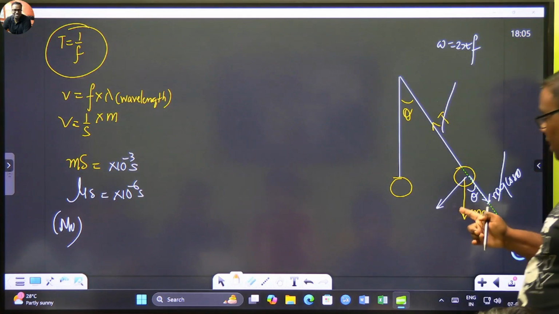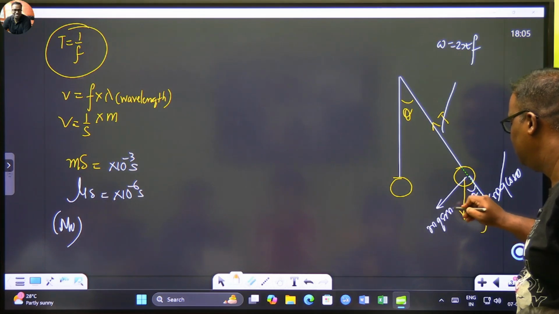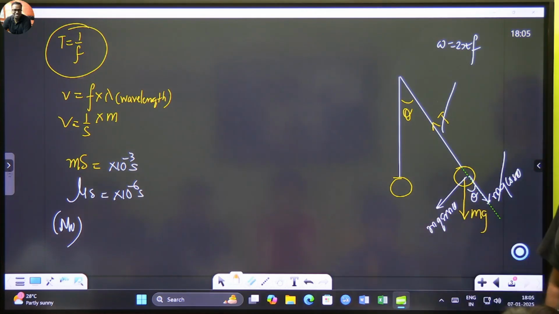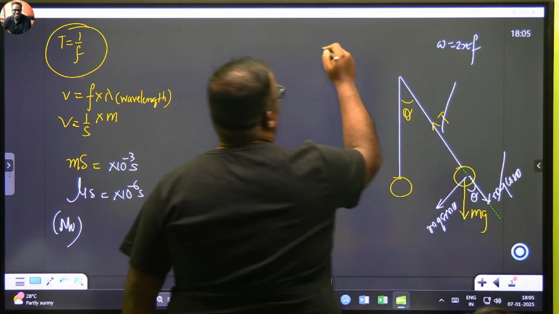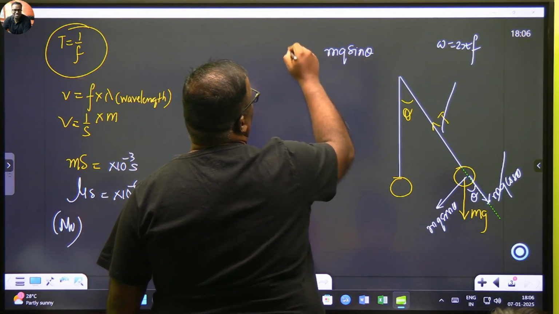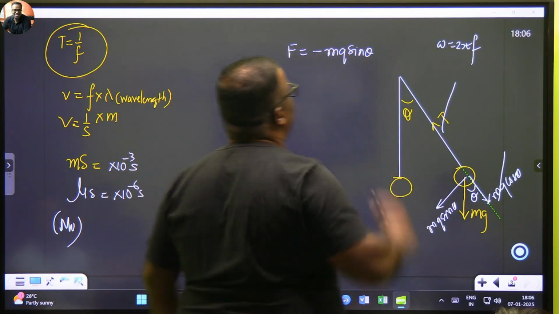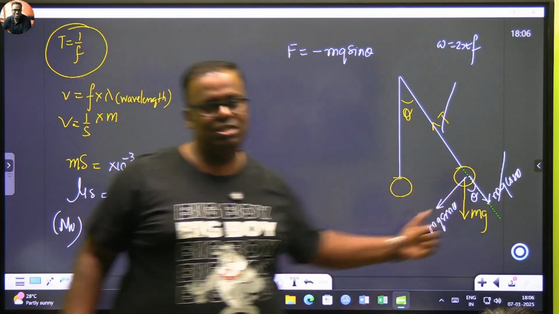So you have one unbalanced force, which is mg sin theta. mg sin theta is bringing you this side. And so the force acting on this particular bob is how much? Negative of mg sin theta, because displacement was on this side and force is on this side, so it is negative.